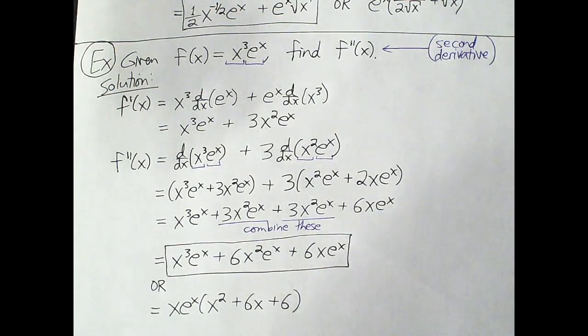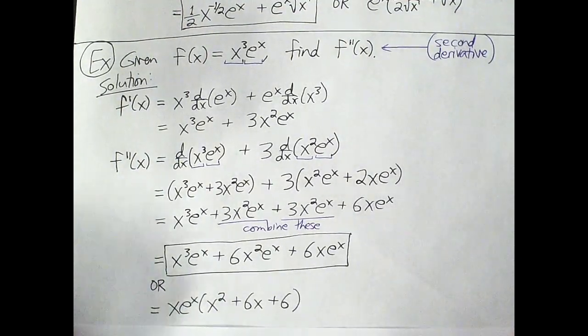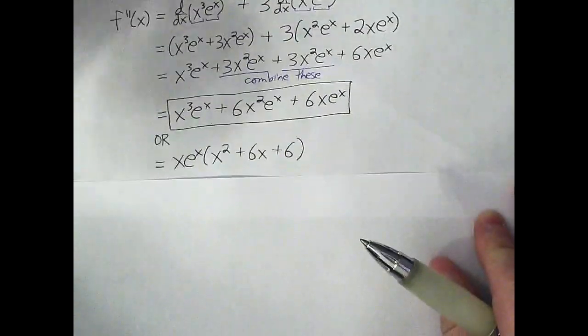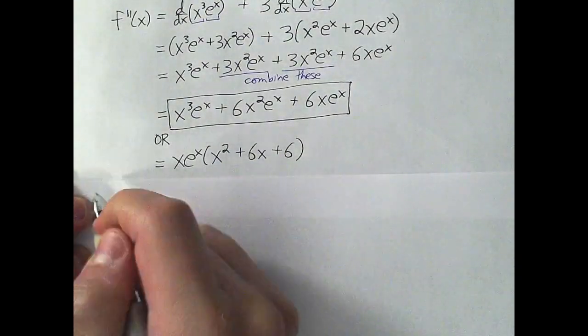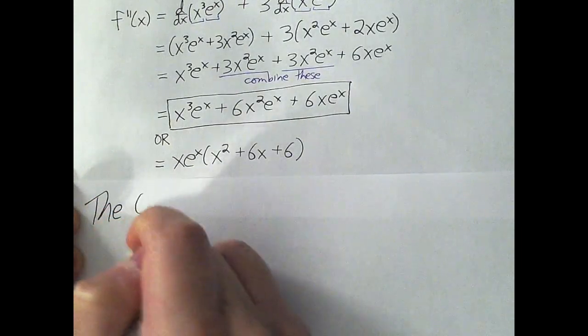But for now, we are going to talk about the other rule. This section was supposed to be about the product rule and the quotient rule, so we need to talk about the quotient rule.